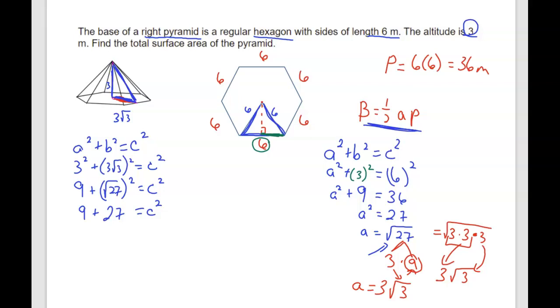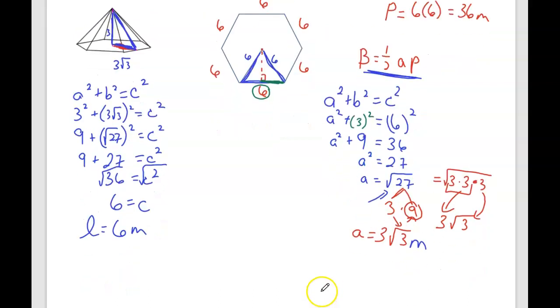Then 9 plus 27 gives me 36, and the square root of 36, because I take the square root of both sides, means my slant height is 6 meters. My apothem is 3 square root of 3 meters.